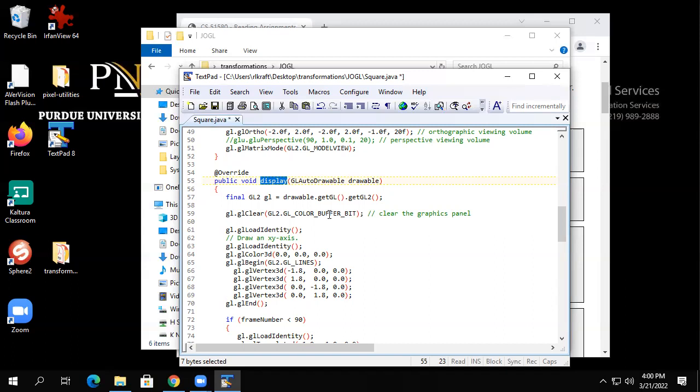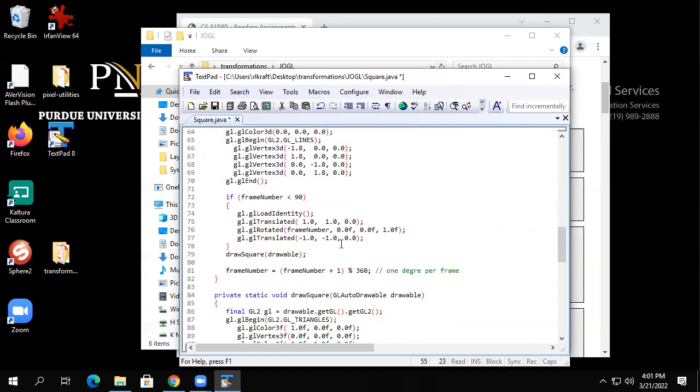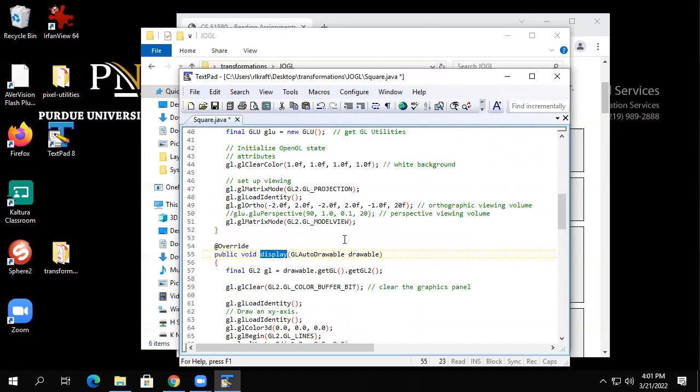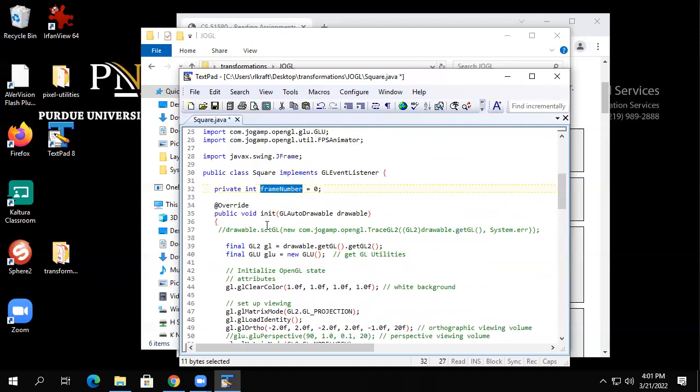I created a variable called frame number so I can keep track of how many times I've been called, because I'm going to do a rotation, and the rotation angle is going to depend on how many times you've been called. So on the first frame, 0 rotation. On the second frame, a little bit more rotation. On the third frame, a little bit more rotation. So there's a variable up here called frame number.